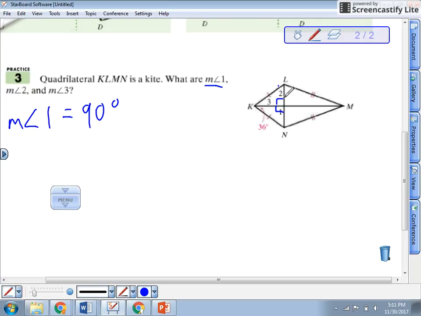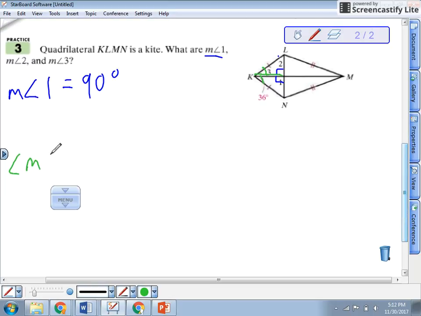And I can't really find 2 yet until I find 3 because, remember, the diagonals bisect the angle. So if this is 36 right here, well, that means angle 3 has got to be 36. So I'll say the measure of angle 3 is going to be 36 degrees. Well, how am I going to find the measure of angle 2? Well, I've got a triangle right here.